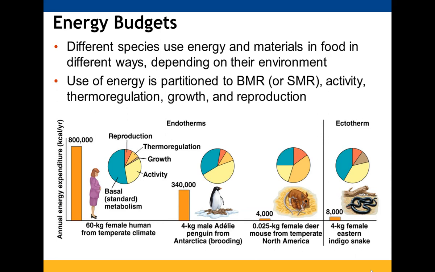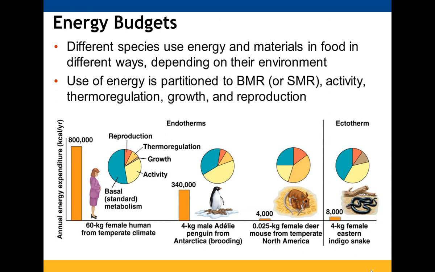So you can kind of see where things break down for the endotherms. And it really just depends on what's going on as to where your relationships are going to be. Whereas with the ectotherms, it's pretty much evenly divided between the metabolic rate and the activity. Those are going to be the areas of greater value with your energy.